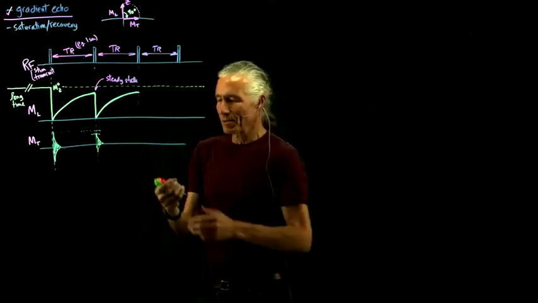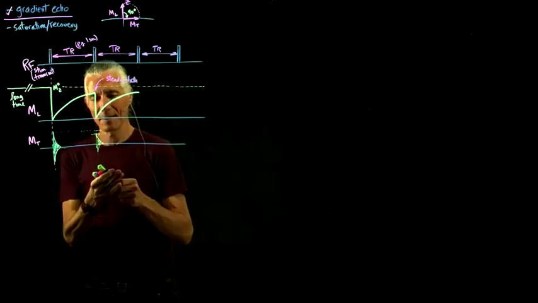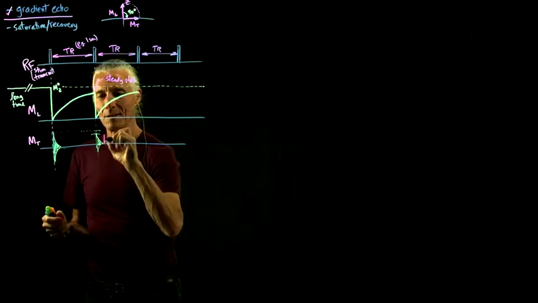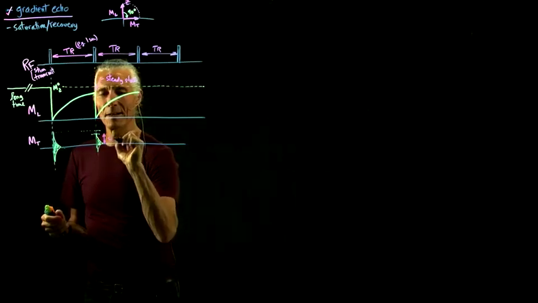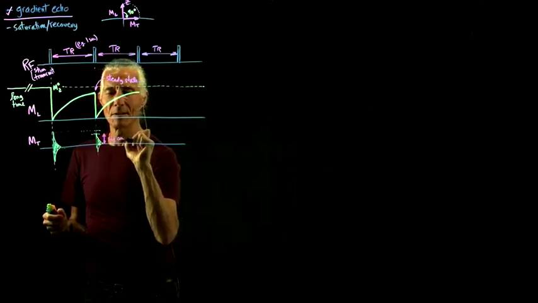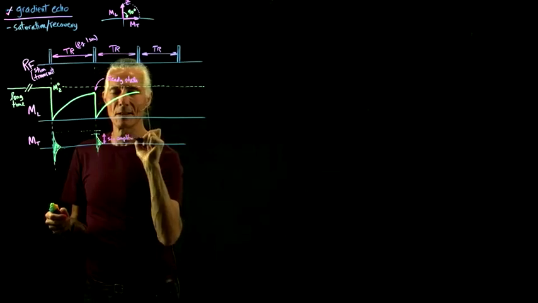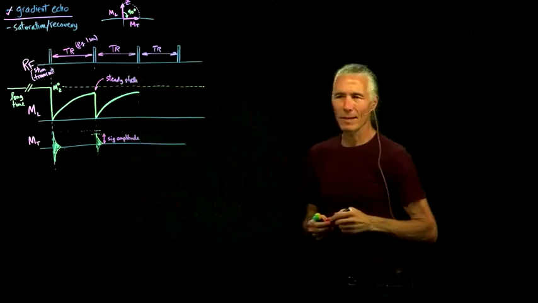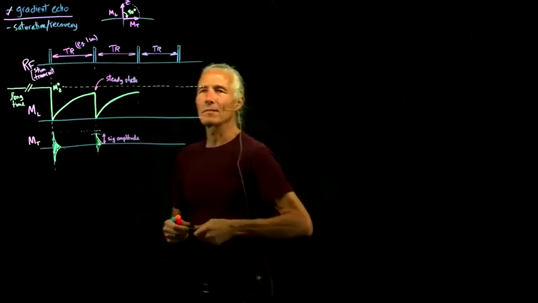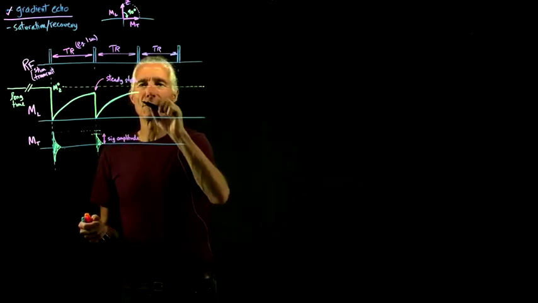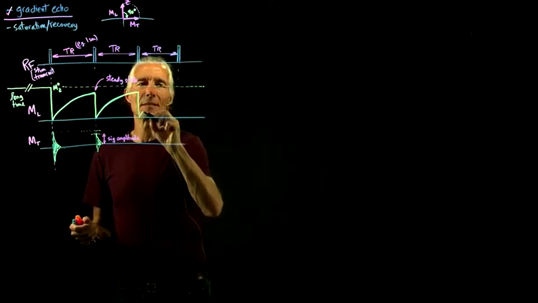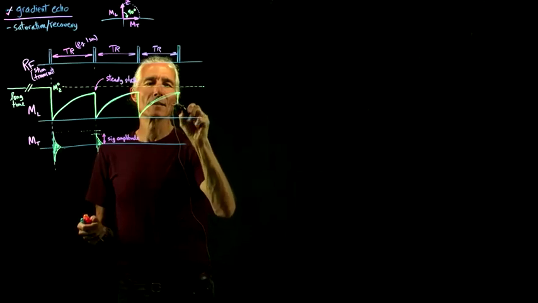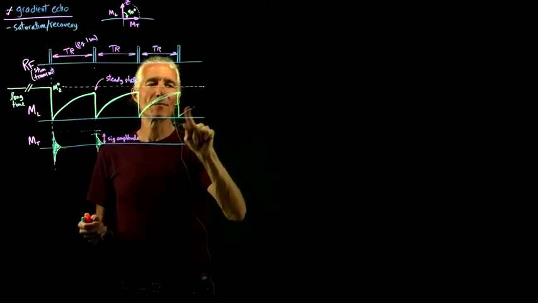So this is our signal amplitude, and that's what we can actually record. We can't record this longitudinal magnetization because it's changing so slowly that it doesn't make any RF signal.